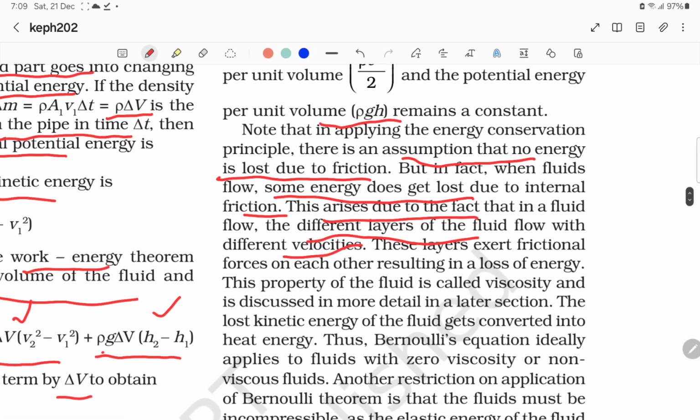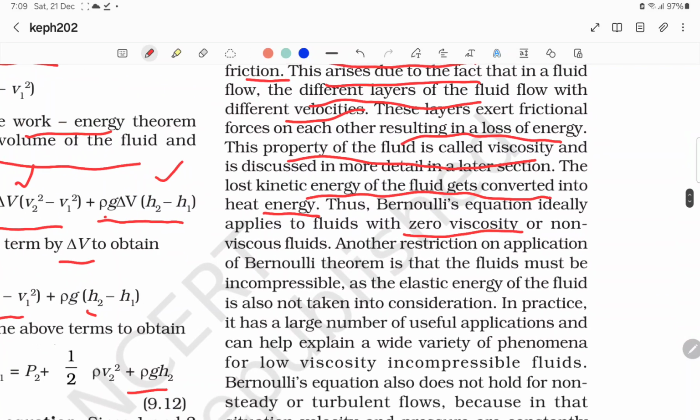These layers exert frictional forces on each other, resulting in the loss of energy. This property of the fluid is called viscosity, and the lost kinetic energy of the fluid gets converted into heat energy. Thus the Bernoulli equation ideally applies to fluids with zero viscosity or non-viscous fluids.